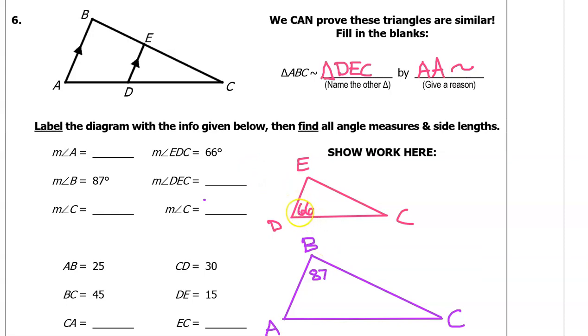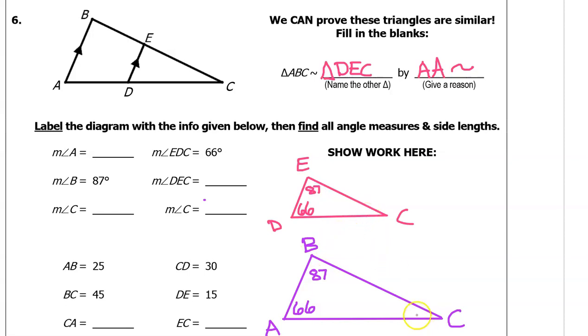Well, if angle D is 66, that means angle A will also be 66 because those are corresponding angles. And for similar triangles, the corresponding angles are equal. They're congruent. And in the same way, if angle B is 87, that means that angle E will also be 87.